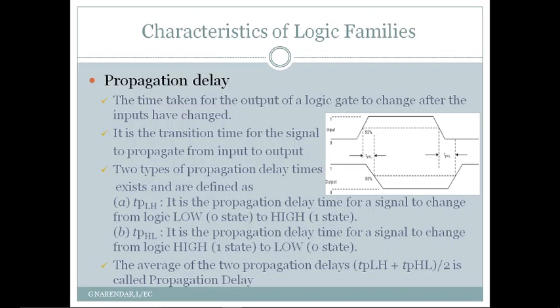In these two cases, when the output changes from high to low and when it changes from low to high, the amount of delay is different. The amount of propagation delay is different when the signal changes from high to low or low to high at the output of the logic gate.